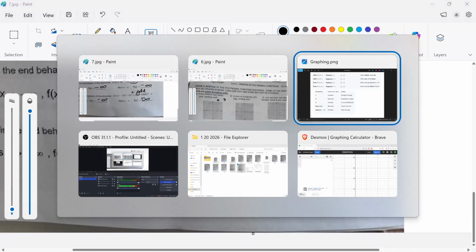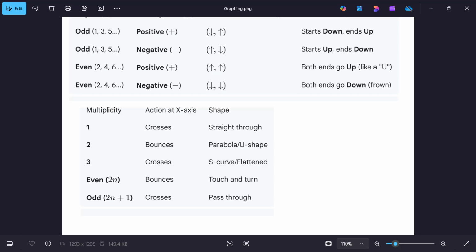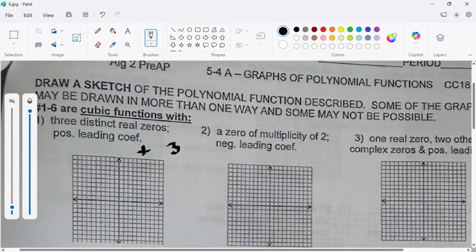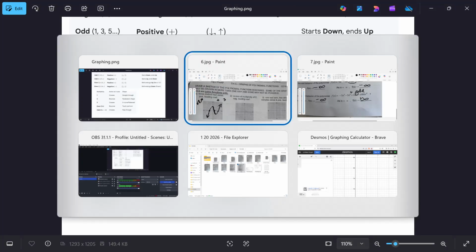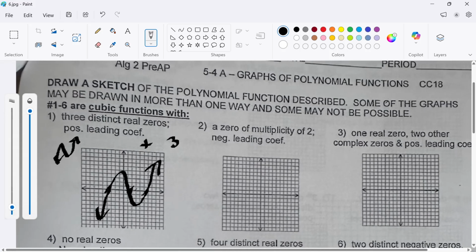According to the table, odd positive starts from down and ends up. And I need 3 distinct real zeros. 1, 2, 3. It's going to go like that, like that, like that. That's it. It's cubic. Starts from down, goes up, because it's positive and odd.